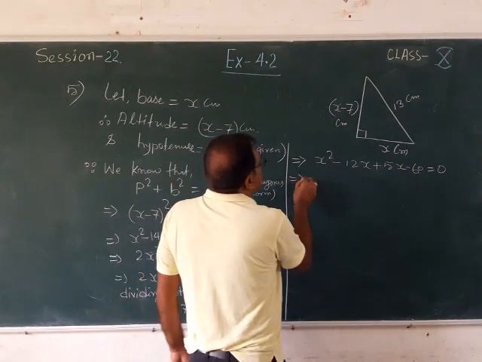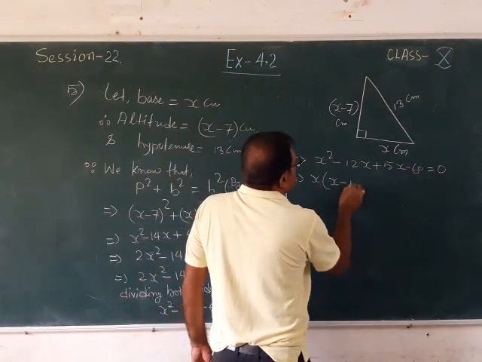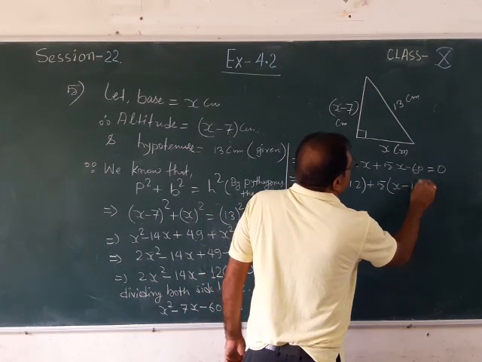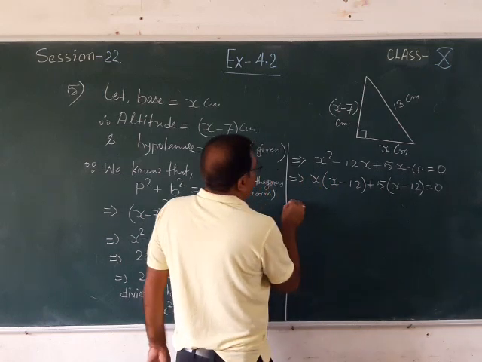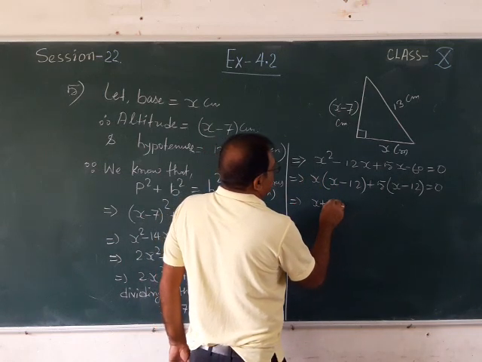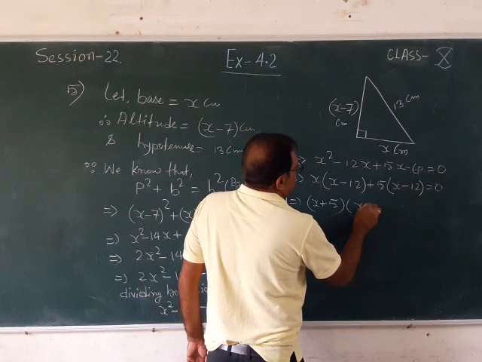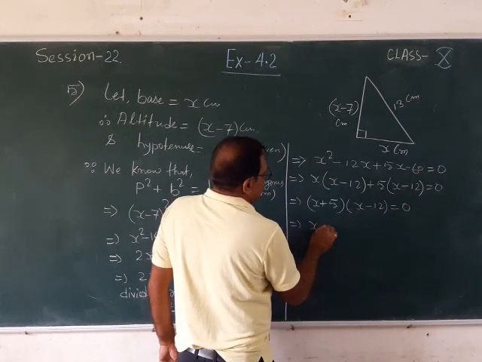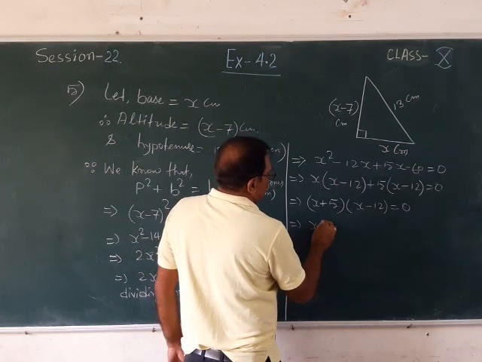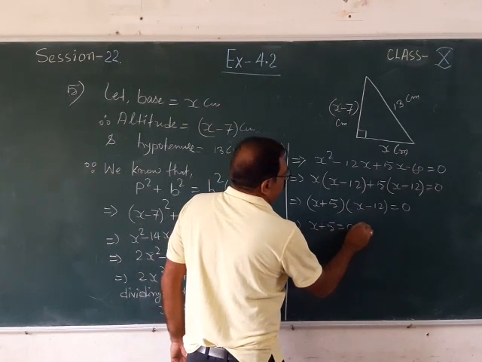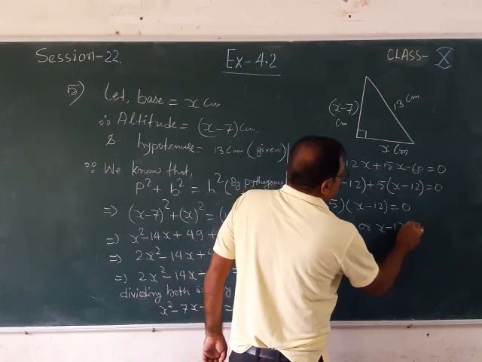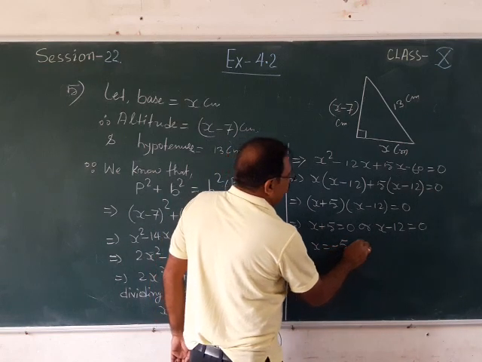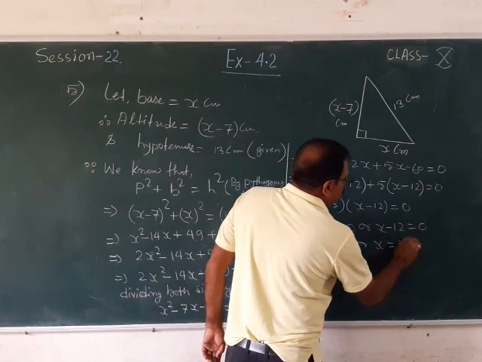Now I can take x as common: x into x minus 12 plus 5 into x minus 12 equal to 0. Further you can write x plus 5 into x minus 12 equal to 0. So x plus 5 equal to 0 or x minus 12 equal to 0, so x will be minus 5 or x will be 12.